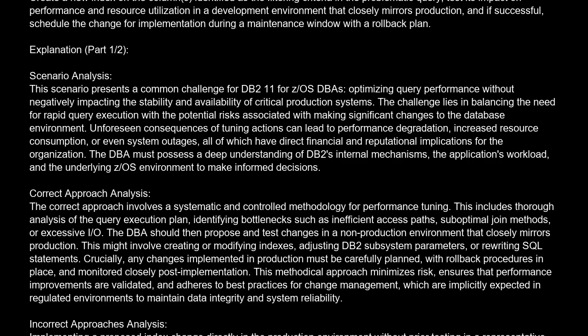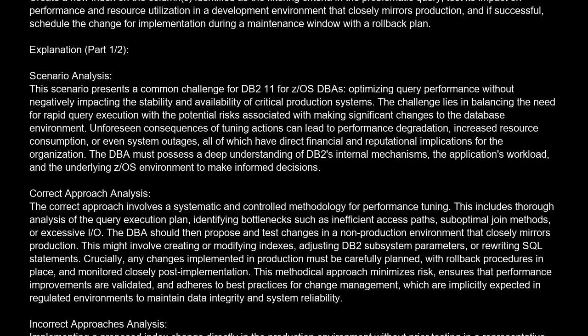Explanation. Scenario analysis. This scenario presents a common challenge for DB2 for z/OS DBAs: optimizing query performance without negatively impacting the stability and availability of critical production systems. The challenge lies in balancing the need for rapid query execution with the potential risks associated with making significant changes to the database environment.